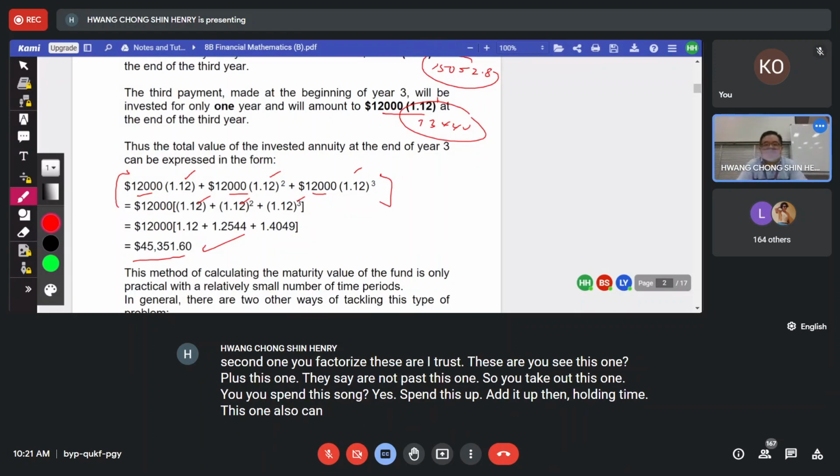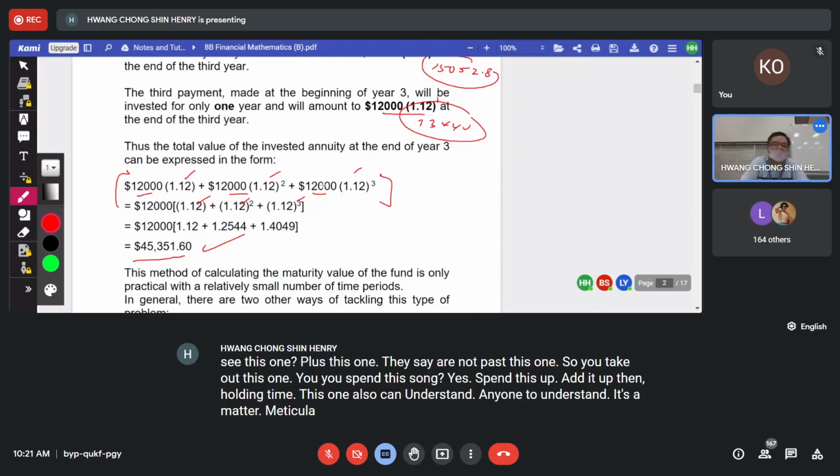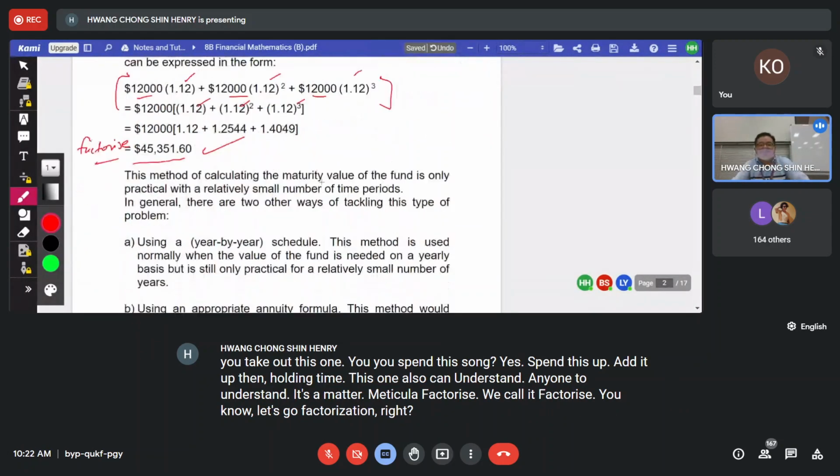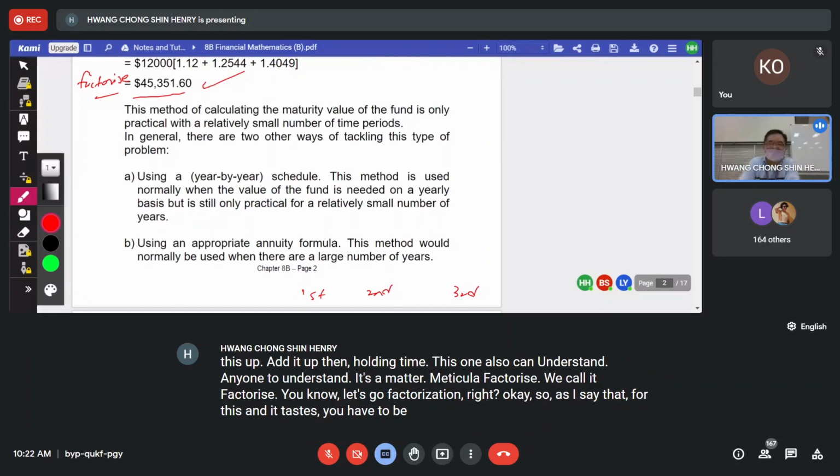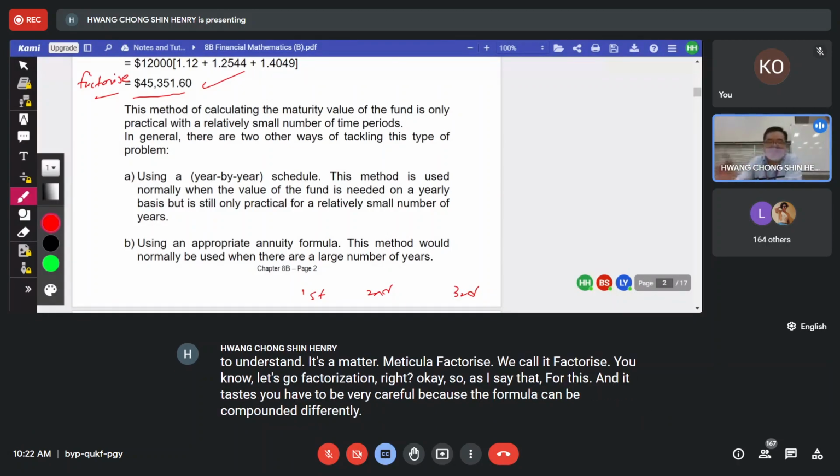Understand? Anyone don't understand? It's mathematics, factorize. You know what is called factorization, right? Okay, so as I said, for these annuities you have to be very careful because the formula can be compounded differently. Later you can see that.